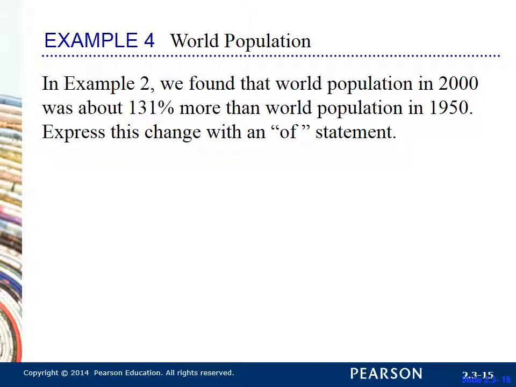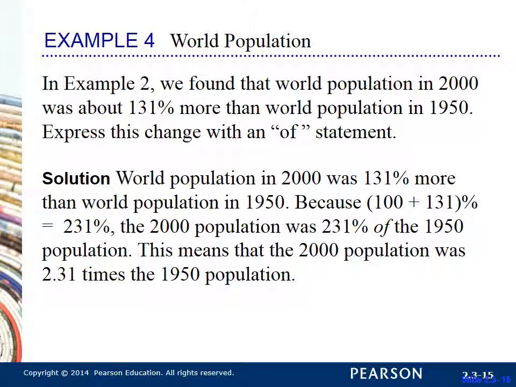So in example 2, we found the world population in 2000 was about 131% more than the world population. So because that's bigger than 100, we know that it's more than the original world population we were looking at. So how do I express this change with an of, which means a multiplication statement? All right, so my world population in 2000 was 131% more than the world population in 1950.